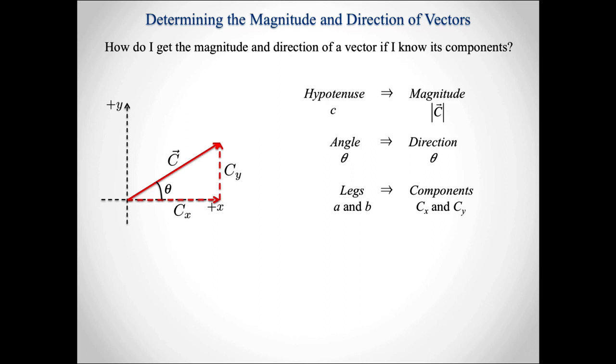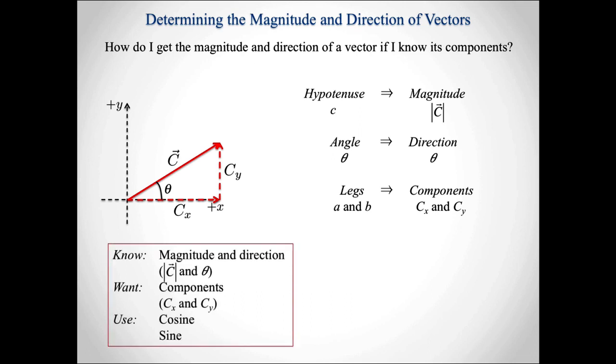Theta is still going to be theta, that's telling me the direction, so we'll talk about that angle as giving us the direction of the vector. And then my legs a and b are going to be the lengths of those components. So the legs a and b will tell me what's going on with the components Cx and Cy. So the x and y components of vector c now map to the legs.